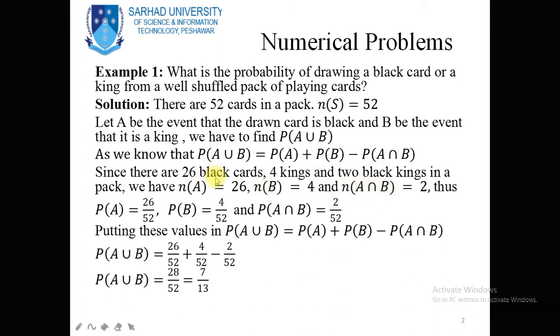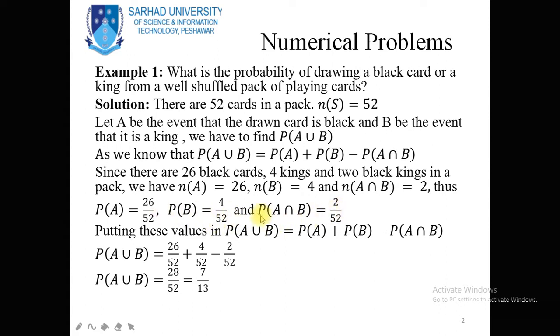Among the 26 black cards and 4 king cards, there are 2 black king cards, which are black as well as kings. So A intersection B has 2 outcomes, which are common to the two events A and B. So the probability of A is 26 by 52, probability of B is 4 by 52, and the probability of A intersection B is 2 by 52.